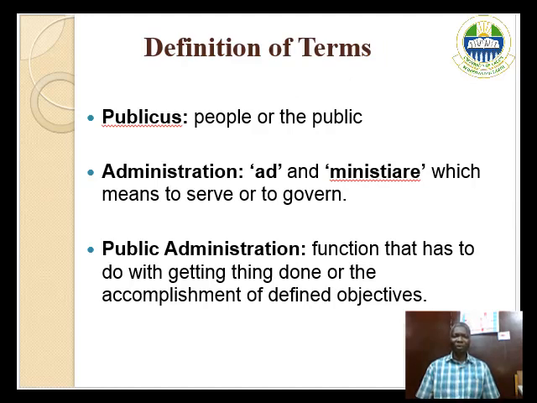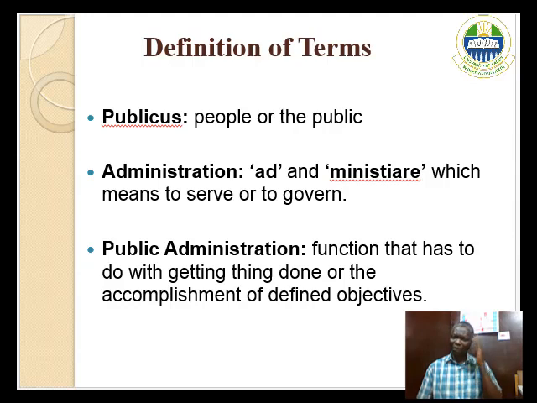Let's start from the definitions of the terms. We have said that public administration originated from 2 Latin words, publicus, which means people or the public, and administration, which has another meaning from 2 Latin words, ad and minister, which means to serve or to govern.